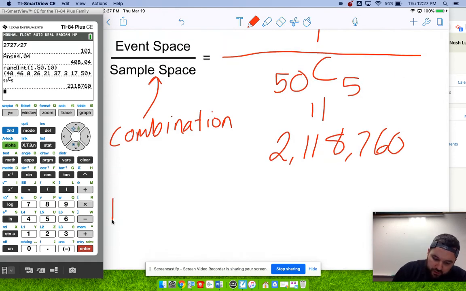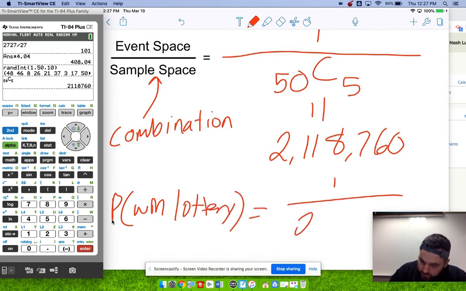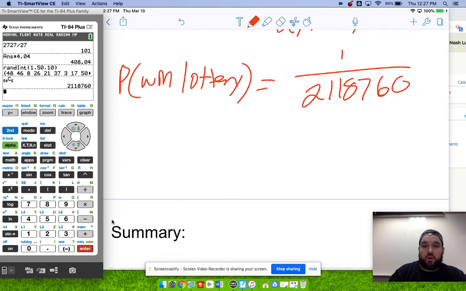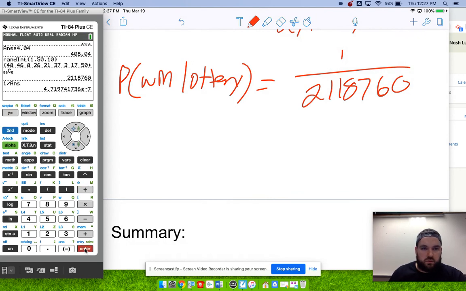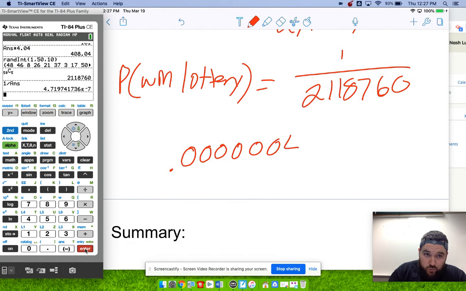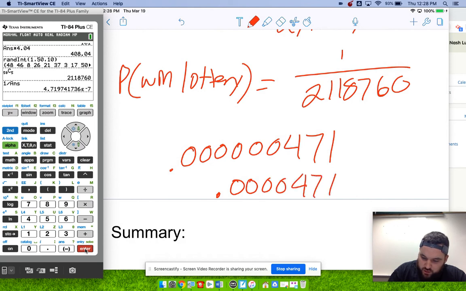So the probability that you win the lottery is 1 out of 2,118,760, which if you want, we could change that to a decimal. It's a very small decimal. Oh boy. So that's 0.00000471. Or if you really feel like being an optimist and changing it to a percentage, that is the percent chance you have of winning that lottery.